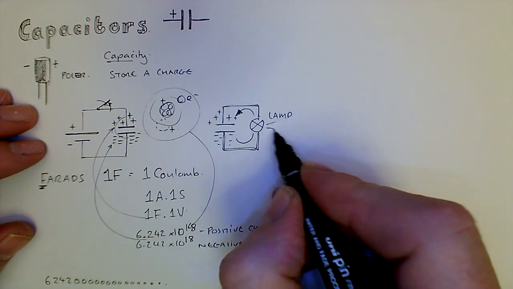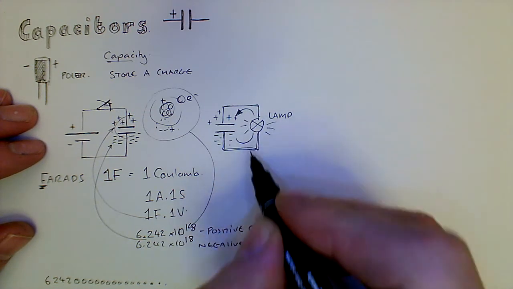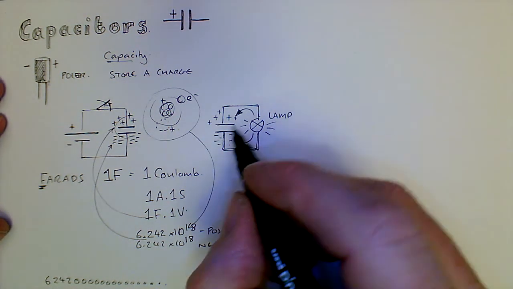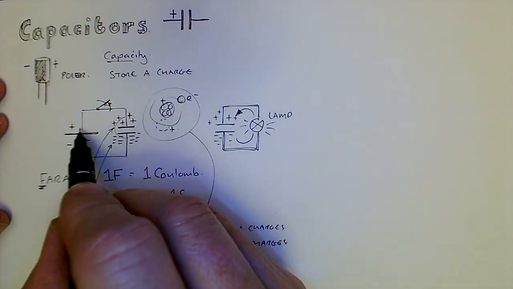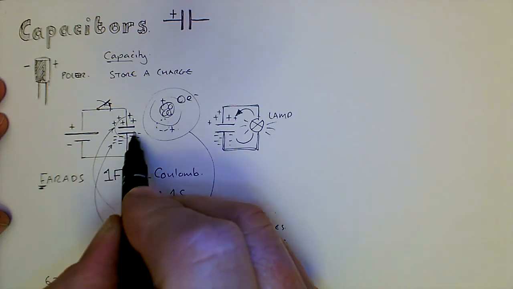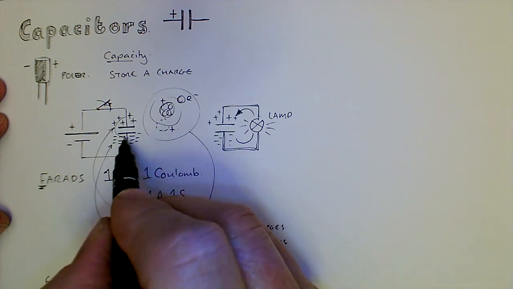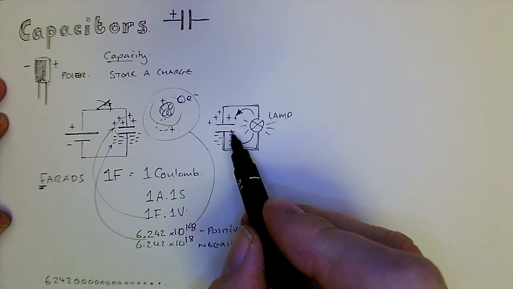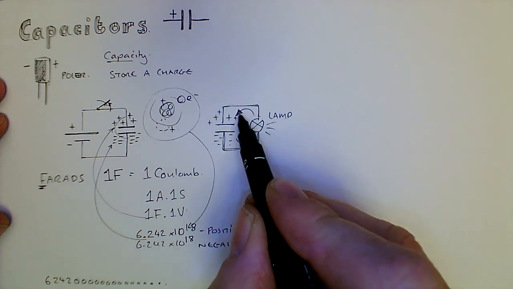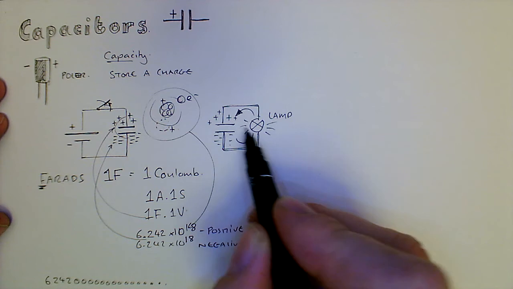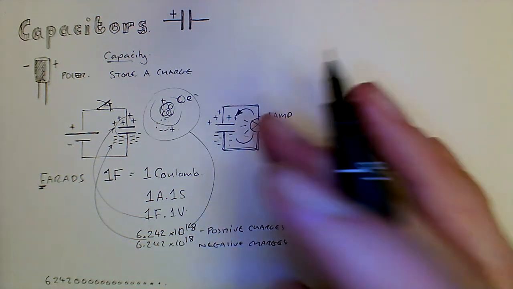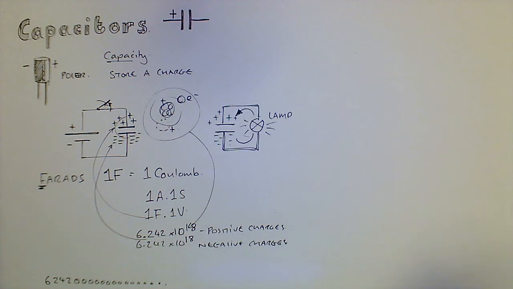And therefore, in passing through the lamp they would give off some light. So we've got a capacitor charging up, filling up with electrons and positive ions and negative ions, and then we've got the capacitor discharging through a component, giving up some energy to create some sort of electrical or electronic effect, if you will.